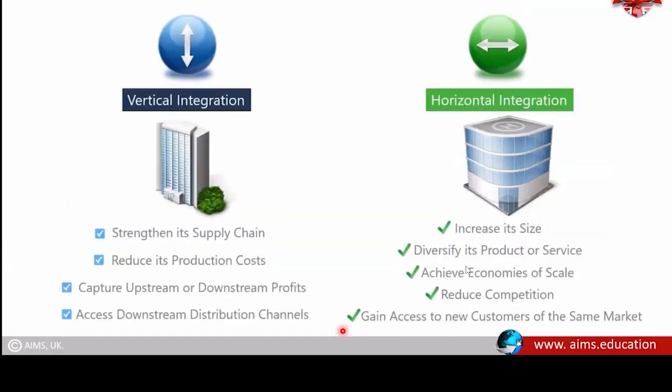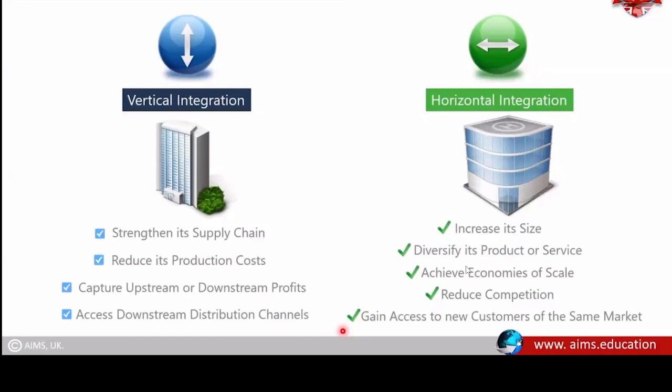Ano ba naman yung different ng dalawa? So pag sinabing vertical integration, it's strengthened its supply chain because of different links, different products and services to offer, mas natatighten or mas na-improve nila yung supply chain link nila, resulting to many sales like of products and services. Reduce its production costs.